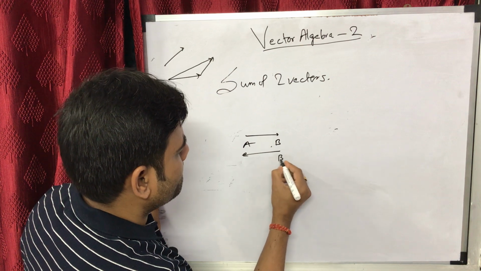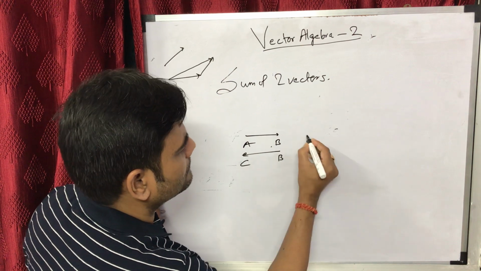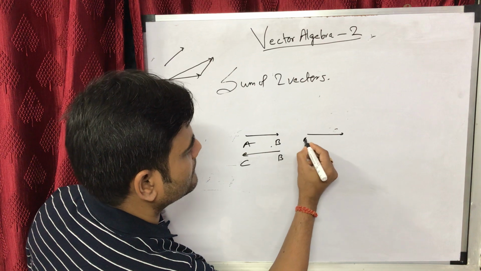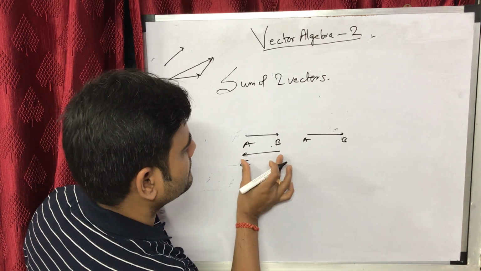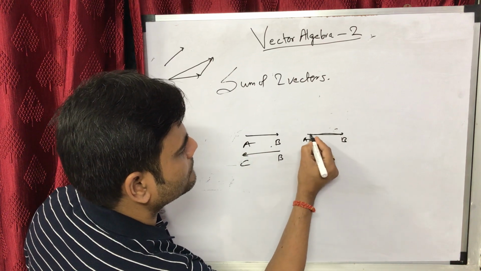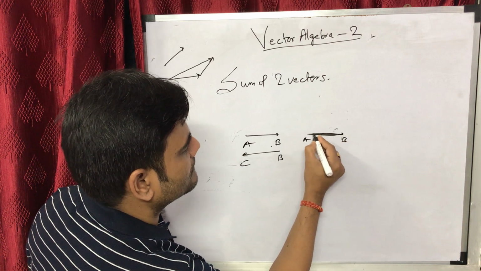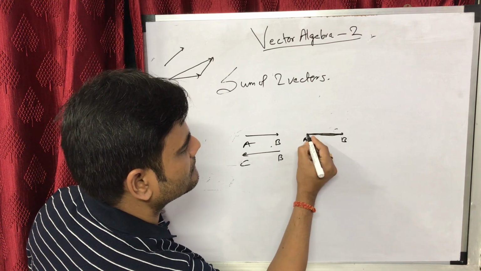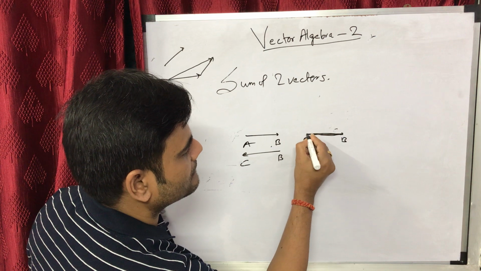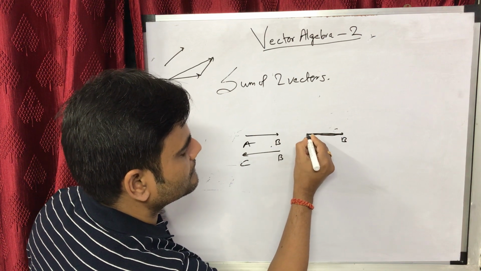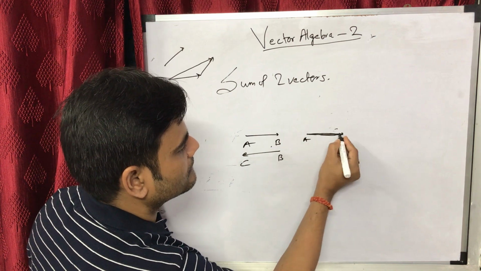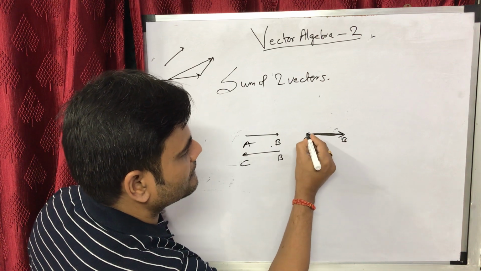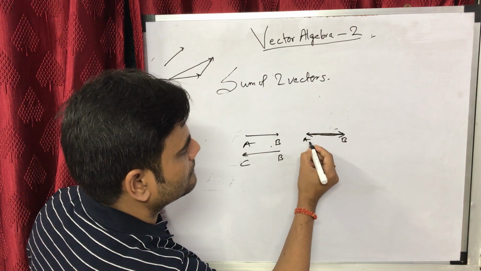If you align AB, you write like this and you bring this one here, so a triangle is not completed, but imagine a triangle is completed, so the starting point is also A and the ending point is also A, so it's 0.